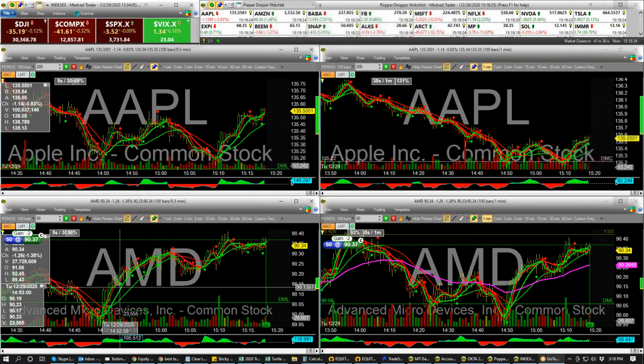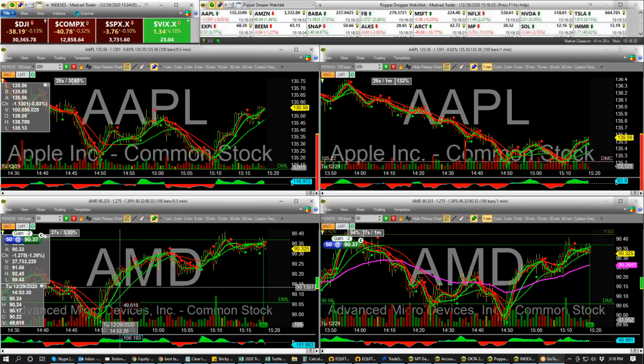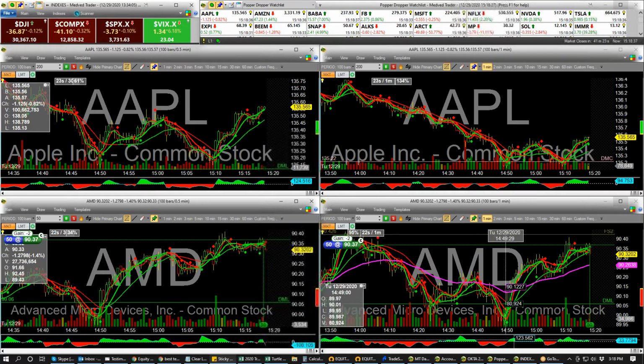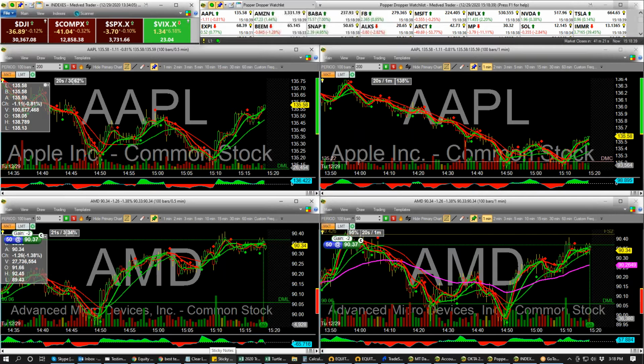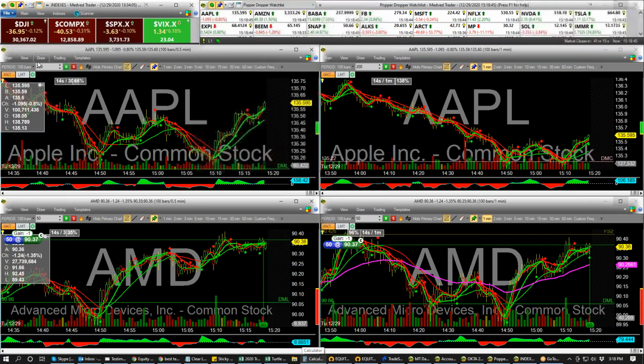Let's see what happens here. But you see, what ends up happening is you see pretty clearly when you're in trend and when you're not in trend. So right now we're technically still in trend on the 1 minute, the 2 minute, and the 8 minute. We just lost the half. The half's going to go back and forth.